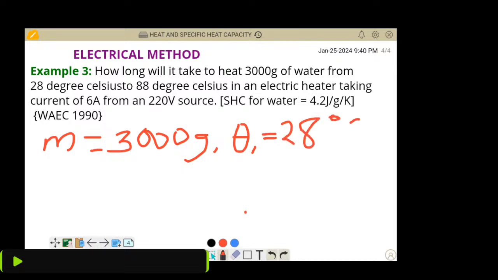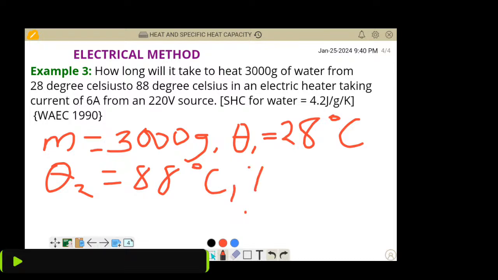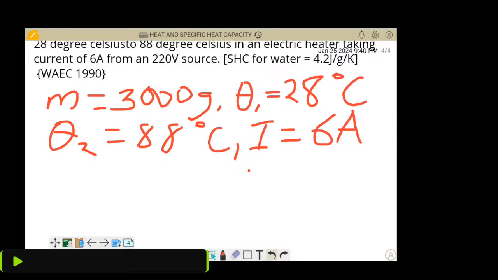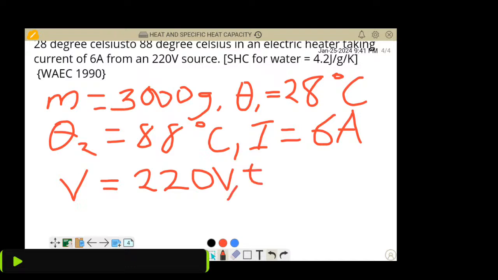We have our θ2 to be equal to 88 degrees Celsius, and according to the question, the current supplied by this heater is 6 ampere, and the heater is connected to a voltage of 220 volts. So how do we go about this? We are looking for time according to the question. Time is the question, because the question says how long, that is time.